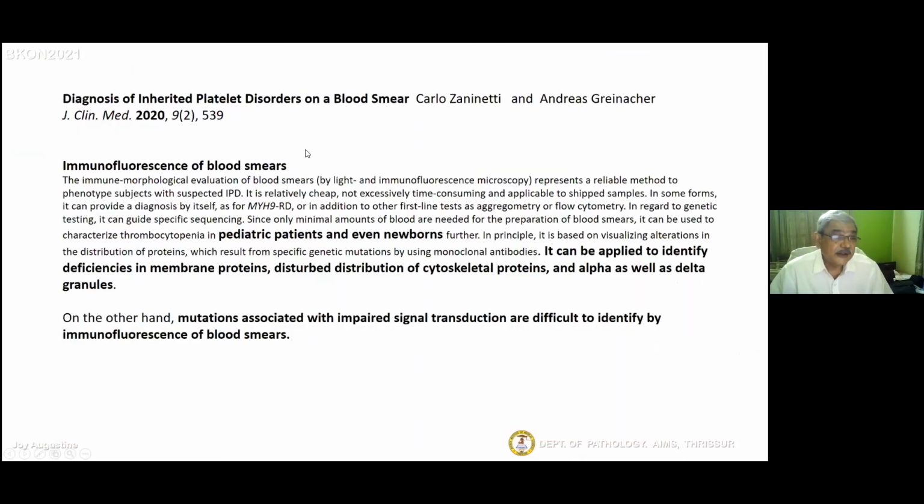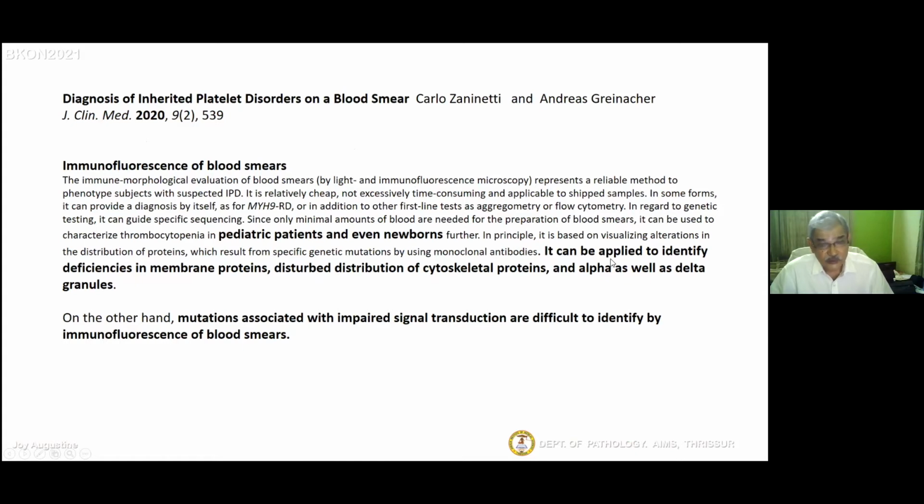Now, this is another important, fairly recent development. You can actually make a diagnosis of some platelet disorders by immunofluorescence techniques. You can make a blood smear and send it to any reference laboratory where this is being done, and you can get a diagnosis. This is based on the presence or absence of certain tubular proteins or presence of abnormal cytoskeletal proteins.